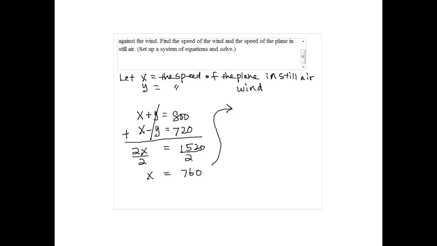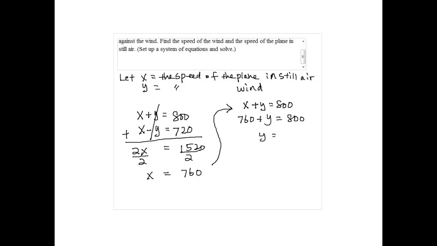Now we substitute x equals 760 into one of the original equations. By using the top equation, we have x plus y equals 800, where x is 760. So 760 plus y equals 800.